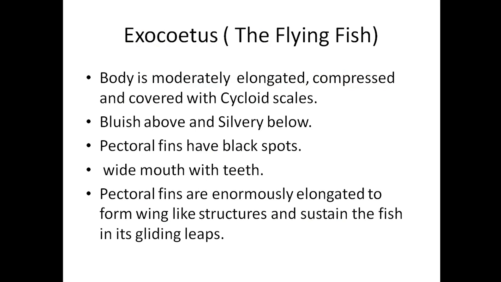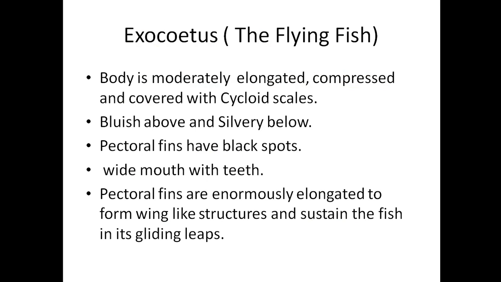A very beautiful fish: from the top it looks bluish, the belly side is silvery, and careful observation of the pectoral fin shows black spots on it. It has a wide mouth with teeth. The very special feature is that the pectoral fins are enormously elongated like a wing-like structure. That's why the name flying fish.